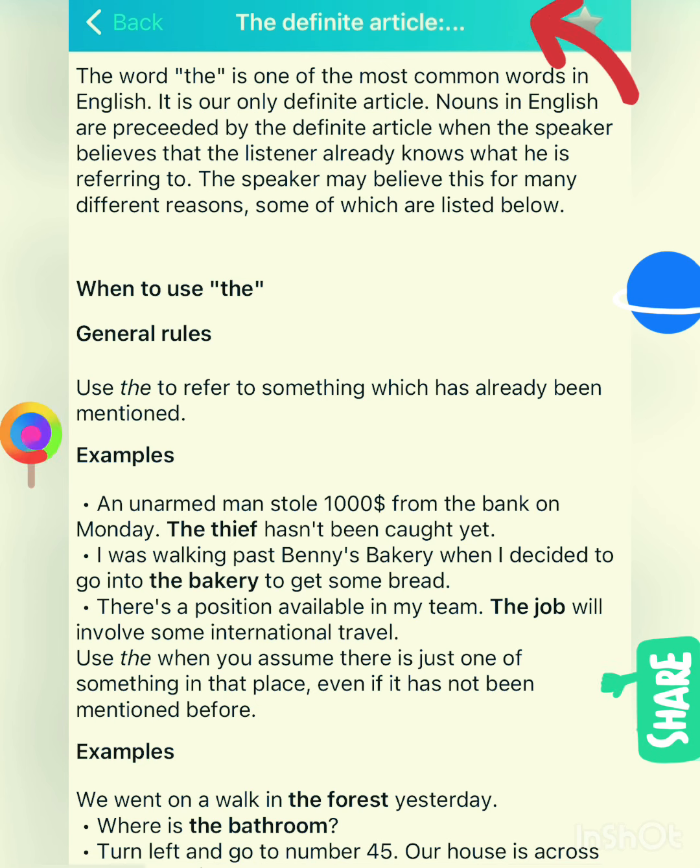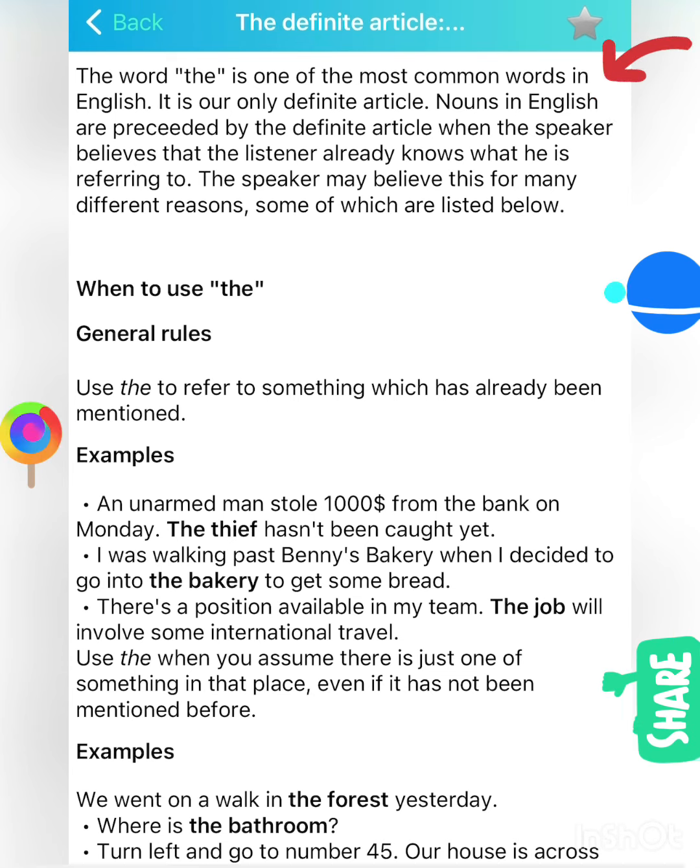So let's start. I think in spoken English and in written English, "the" is one of the most common words that is used. Among native speakers and particularly people who speak English as a second language, the use of "the" is quite massive. It's a lot.